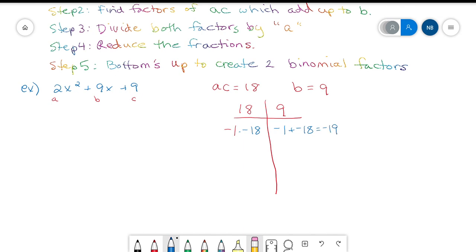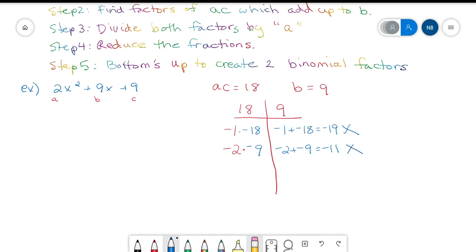Again, you can use the calculator, and you'll see that you don't get positive 9. So these are not the right factors. So negative 1 didn't work. So now we're going to divide 18 by negative 2. 18 divided by negative 2 is negative 9. Negative 2 plus negative 9 is negative 11, which is not 9, so that is wrong.